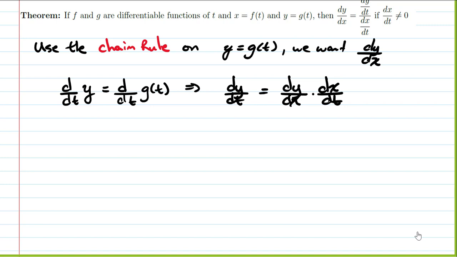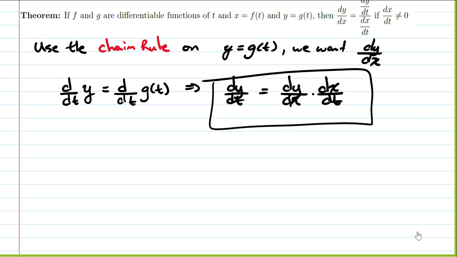And that's just our chain rule from Calculus 1. We differentiate through our intermediate variable, and if we checked, our dx's reduce out and we'd get dy/dt.